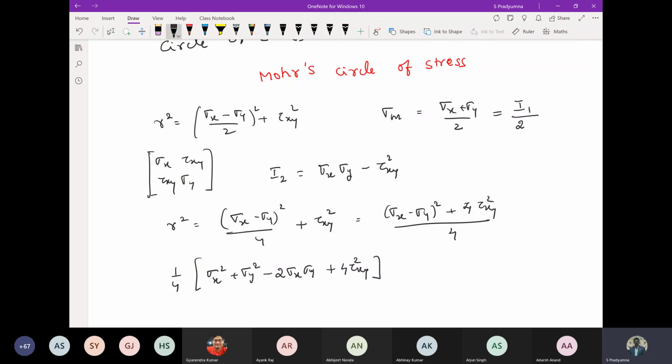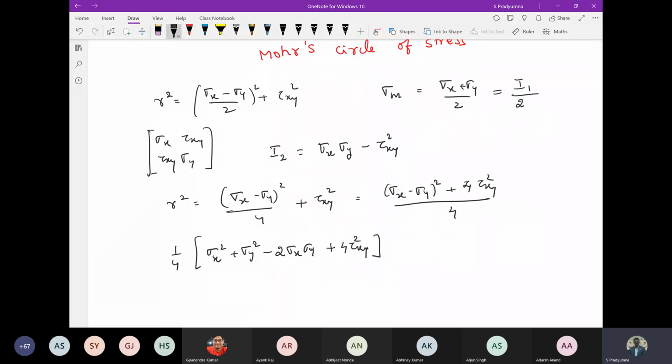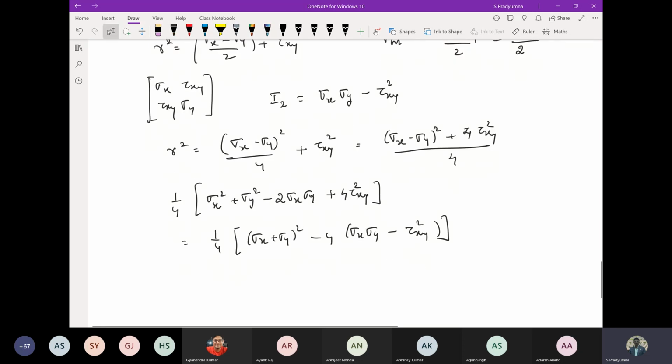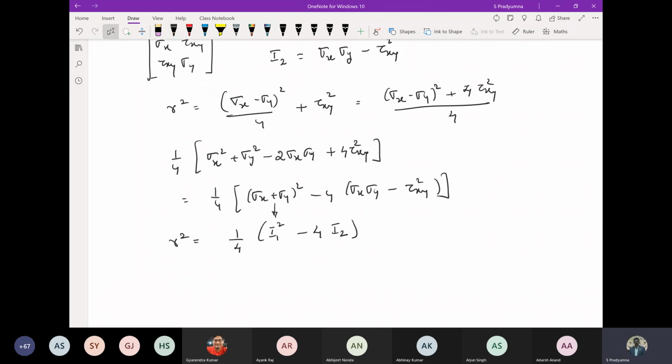So this can be simplified as 1 by 4 times (sigma x plus sigma y) square minus 4 times (sigma x sigma y minus tau xy square). Okay. Therefore, I can say that R square is equal to 1 by 4 times (sigma x plus sigma y, which is I1) square minus 4 times I2. This is the radius square.